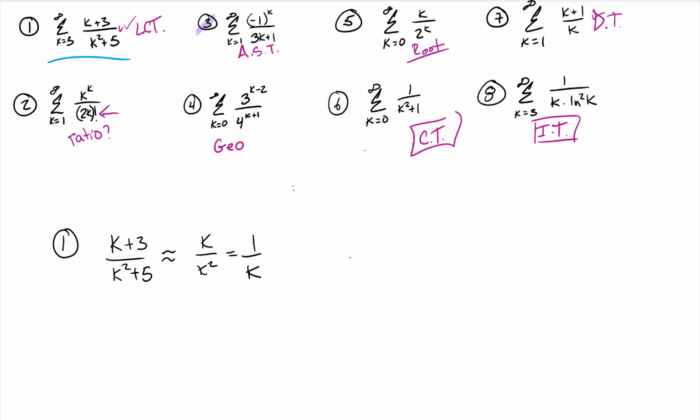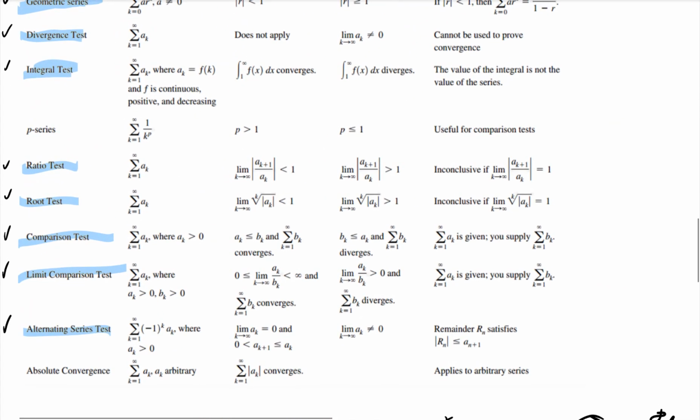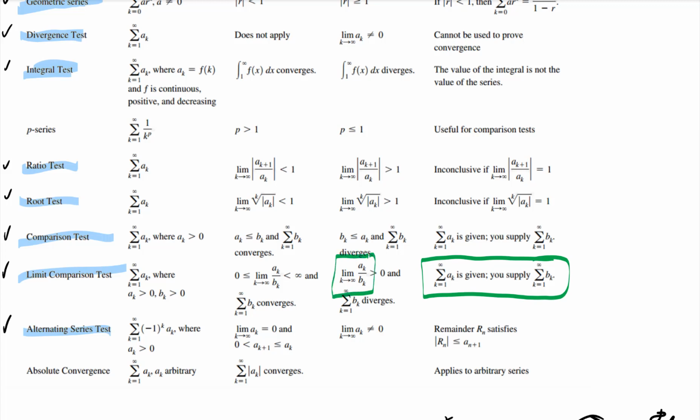So the limit comparison test will tell us, what does the limit comparison test tell us again? Oh, so if you can supply some b sub k, and we find out that the limit of a sub k over b sub k is greater than 0, it's going to diverge wherever the b sub k diverges, and it will converge wherever the b sub k converges.